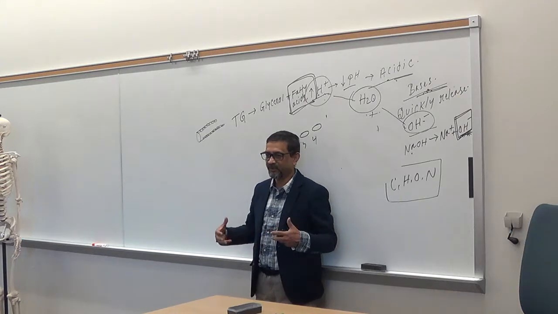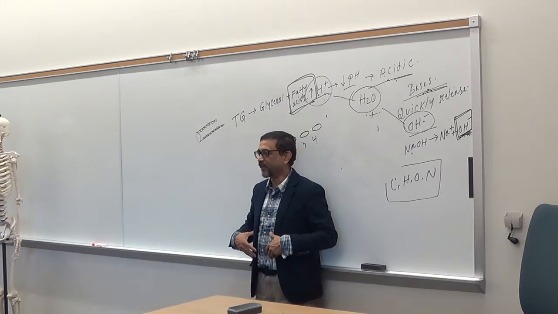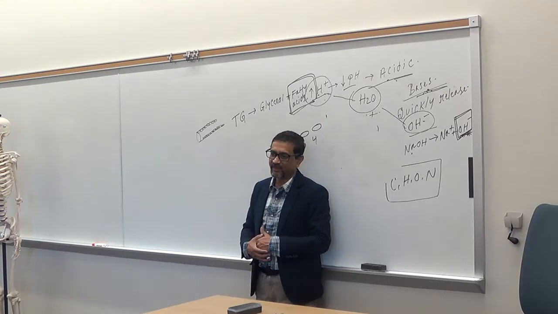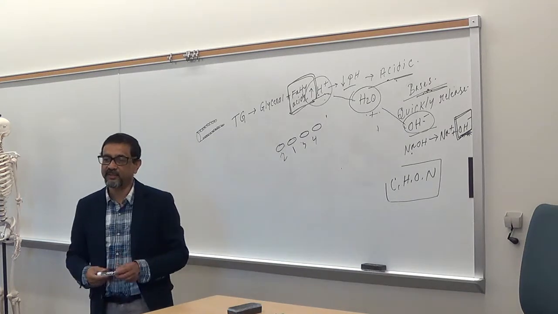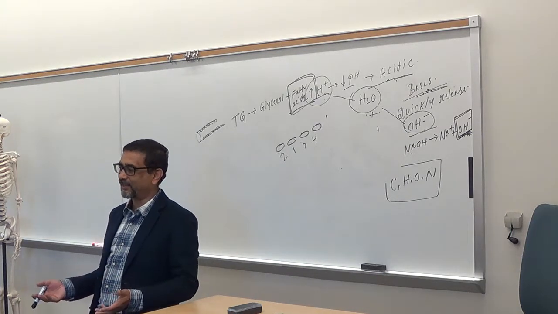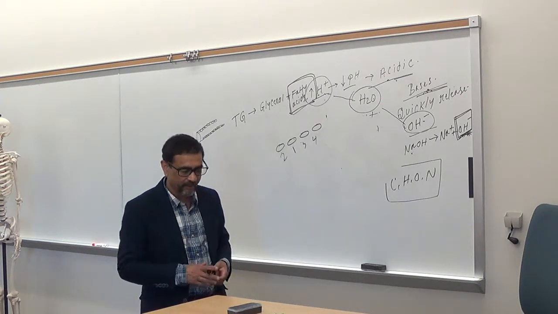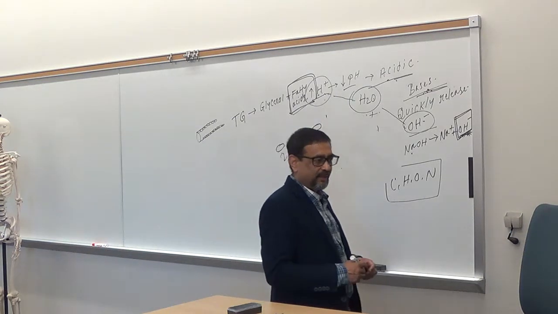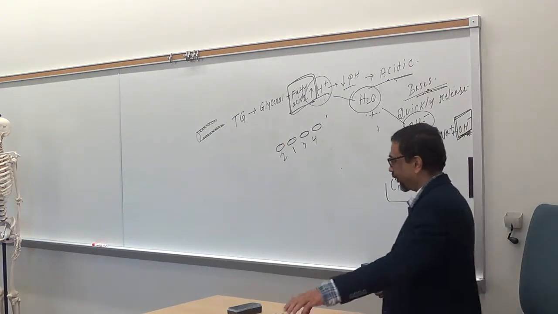Because your body cannot produce them. The other 10 your body can produce. So those you need to get from outside, those are essential because you have to get them in your food, okay? So 10 are essential, 10 are non-essential amino acids.